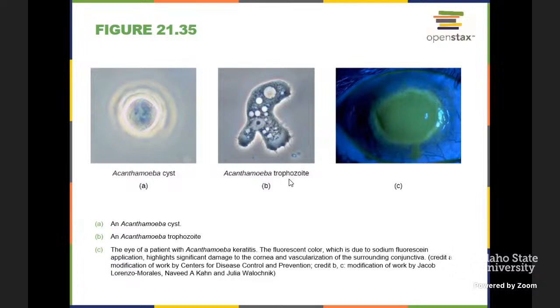The trophozoite is just a broad term. I think I've mentioned this before. It's just an active feeding stage for any of these protozoal organisms. We call that stage when they're feeding, pulling in nutrients, replicating. They're trophozoites.